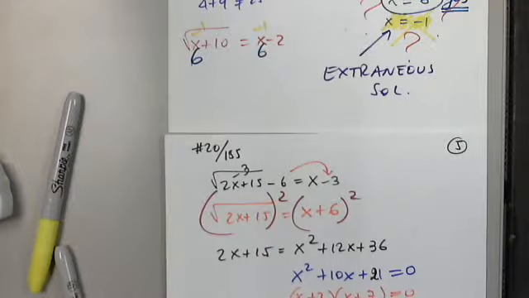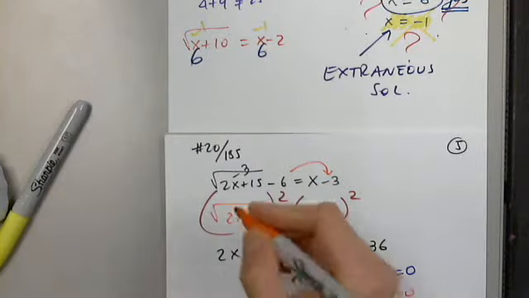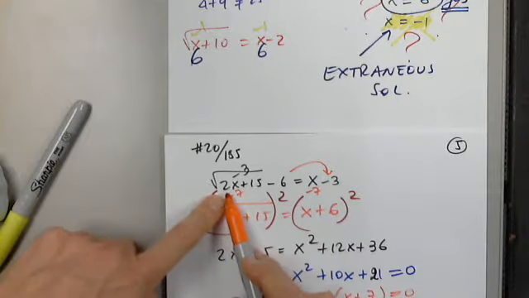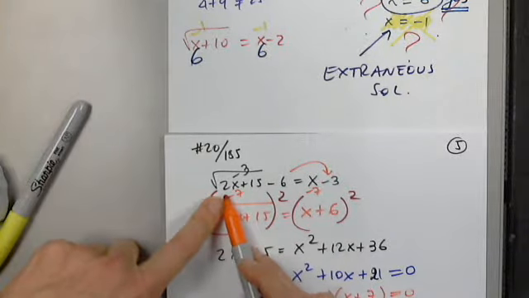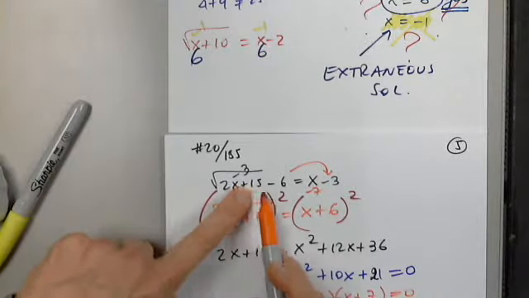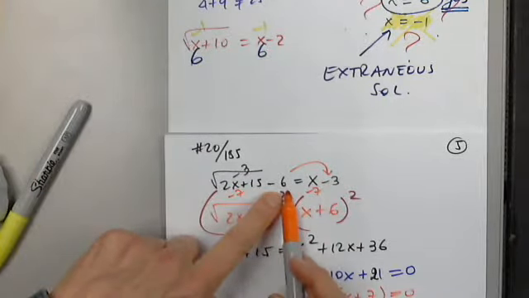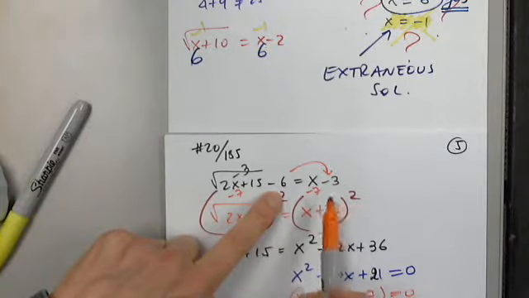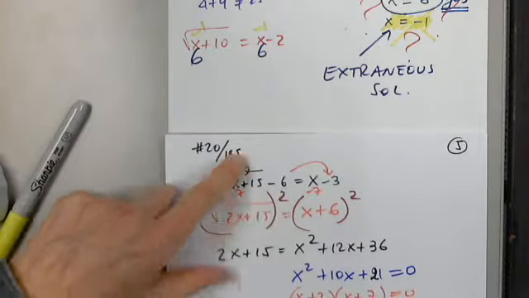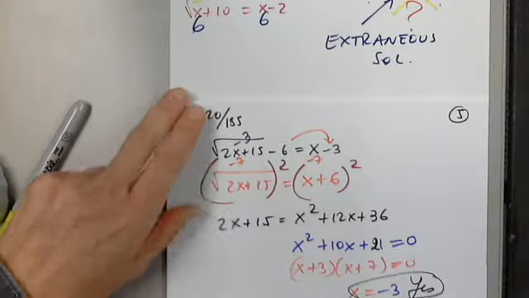Now I'm checking -7. -7 times 2. -14 plus 15. The square root of 1. 1 minus 6. -5. The right-hand side is -7. Is -5 the same thing with -7? No. Not acceptable.